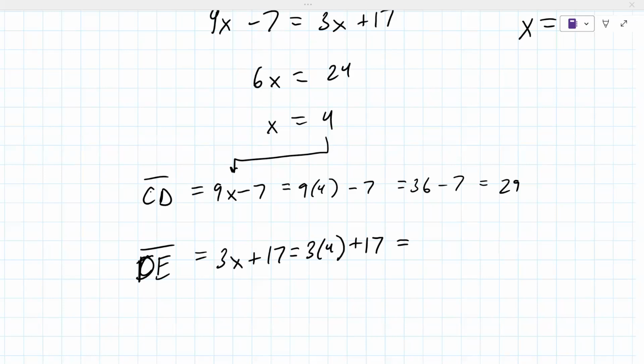X equals 4. Yes, we're calculating DE, which is 3x plus 17. You put 4 in for x, you calculate this length. What is the length from D to E?